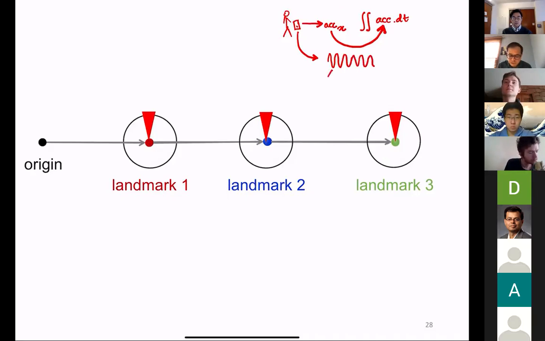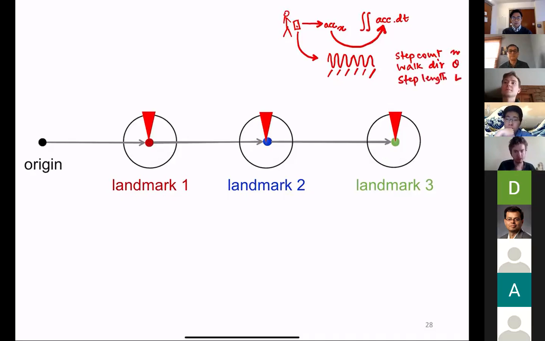And I'm going to count the number of steps from it. And from some other ways, I'm going to count the length of each step. And I'm going to figure out the walking direction. And I'm going to combine all of those: step count n, walk direction theta, and step length L. So every step, L and theta, is like a vector.